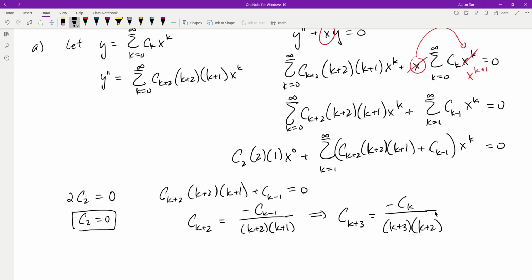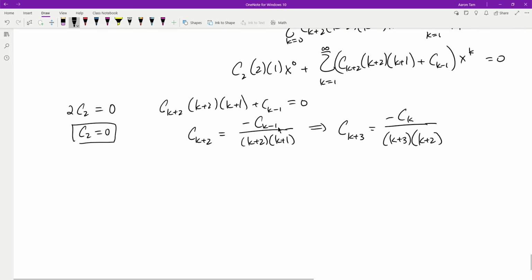Notice that if I put 1 in for k in the first formula, I have c sub 3, negative c sub 0, and 3 times 2. It will be the same as if I use the second formula and start with k equal to 0. But if that confuses you, we can just use the formula the way it is.